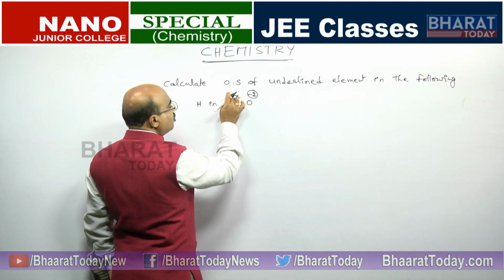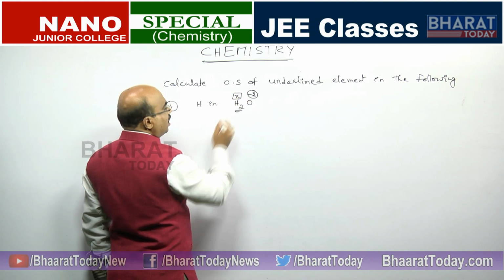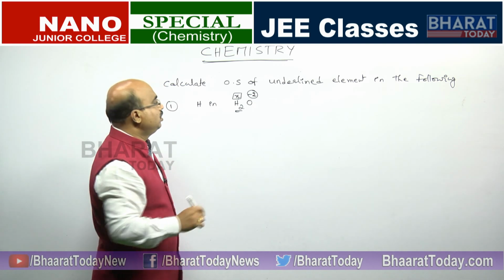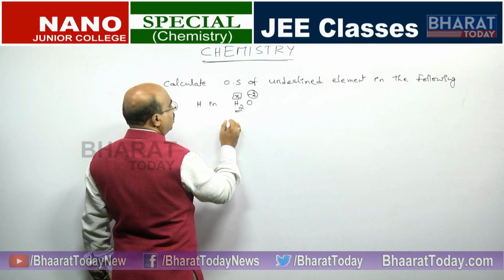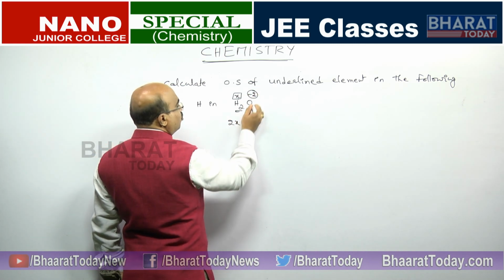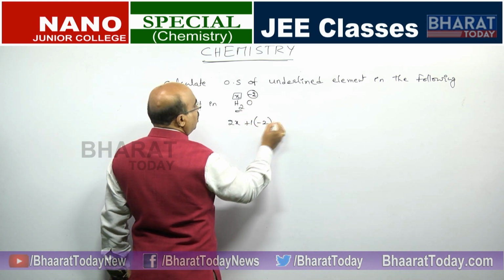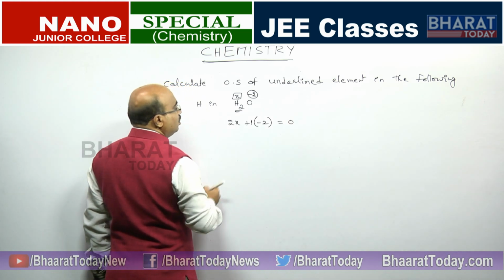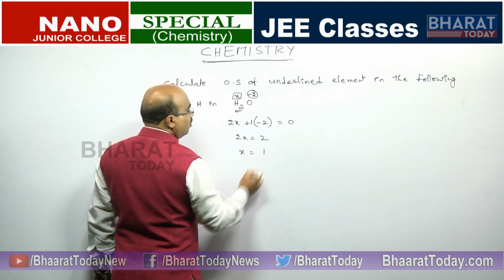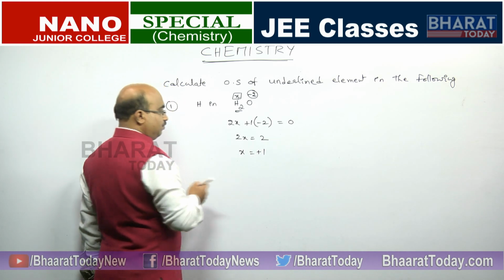So, 2 into X, because each has X, because we are determining the charge on the hydrogen atom, means H. So, it is 2 into this, that is 2x, plus 1 into, this is one oxygen atom, 1 into -2 is equal to 0. Therefore, 2x is equal to 2, x is equal to 1, but do not ever write 1, always write +1.